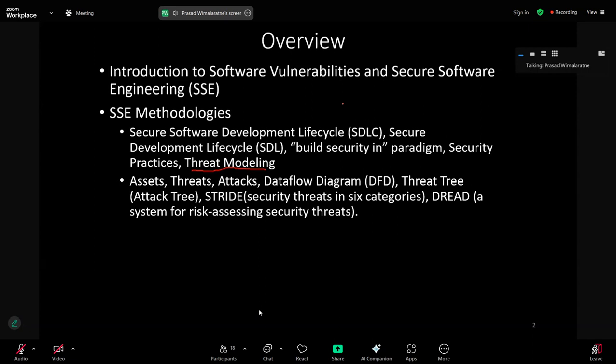It's an acronym really, I'll show it in the next slide, for categorizing security threats into 6 categories, which you probably learned in other courses already. And DREAD is another acronym for risk classification. We will see what it is.